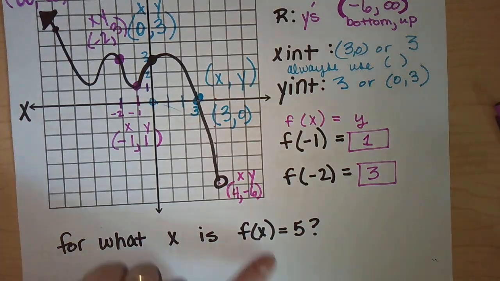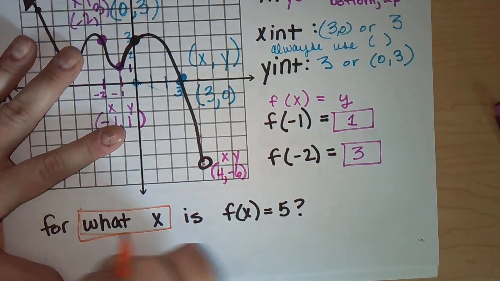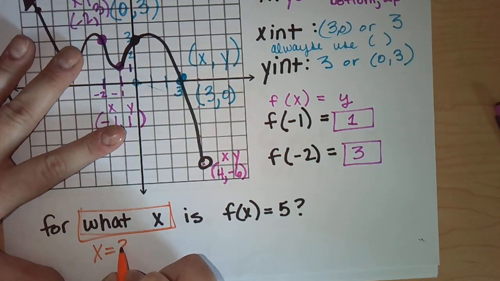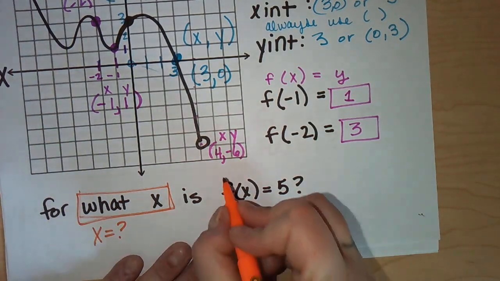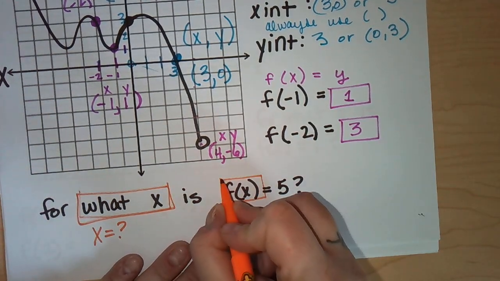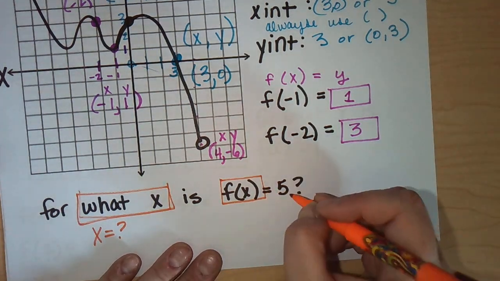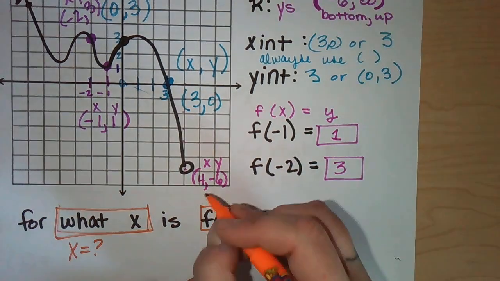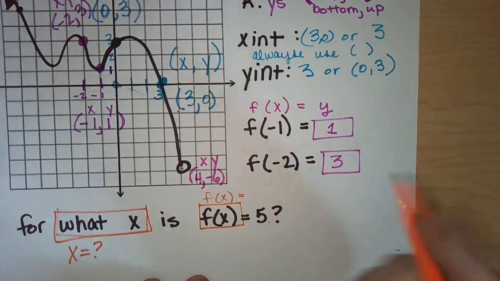Alright, let's see what this one says. This one says, for what x, okay? That means x equals question mark, because it's like a who, what, where, when, why, question mark kind of thing. So x is question mark when f of x is equal to 5. Well, let's remember that f of x is also equal to y.